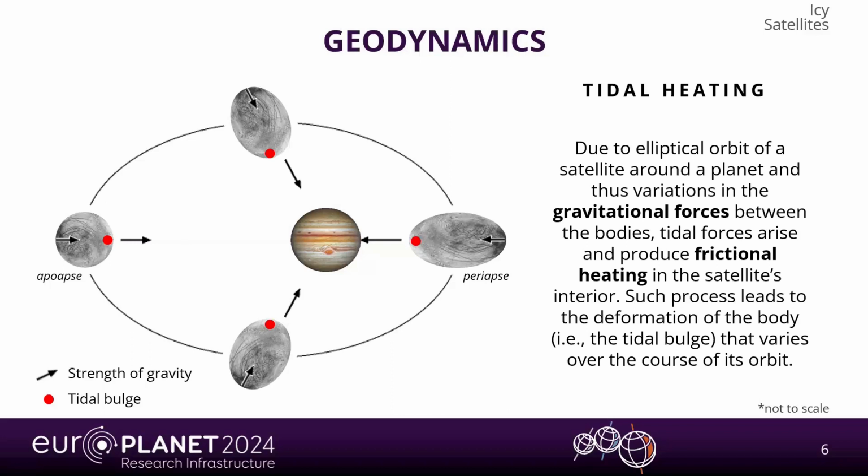Therefore, the acting tidal forces are stronger near the parent planet, so near periapsis, where the satellite is more deformed, than near apoapsis, where it is less deformed.